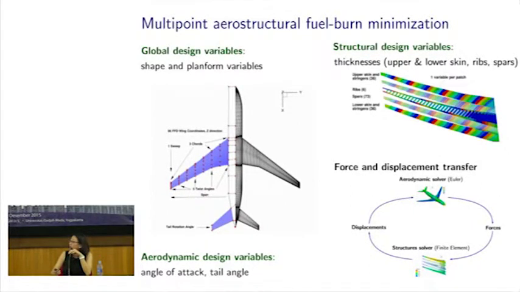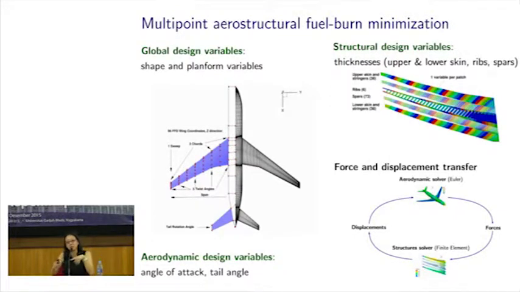For aerodynamic design variables, which affect the flow directly, I have the angle of attack, or the angle of the aircraft flying relative to the wind flow, and the tail angle for the stability. The structural design variables are basically the thicknesses of the structural components. Those are on the right-hand side, top right, the blow-up picture of the wing. So we have upper skin, lower skin, and all the strengthening parts in between.